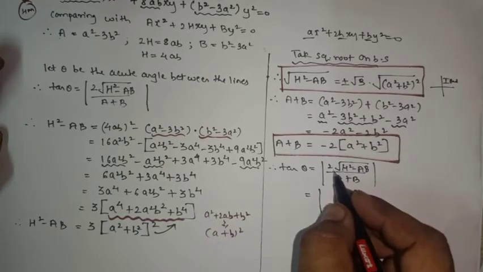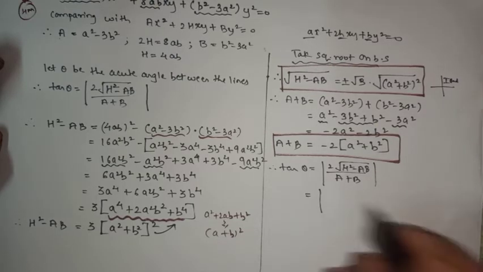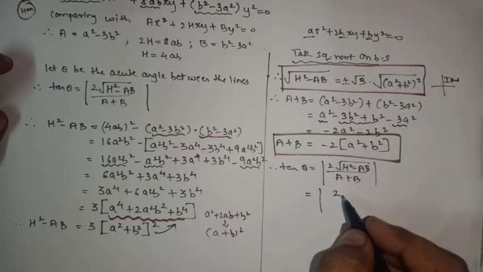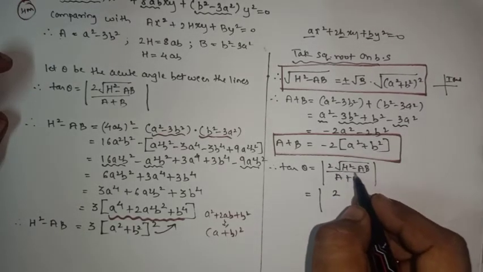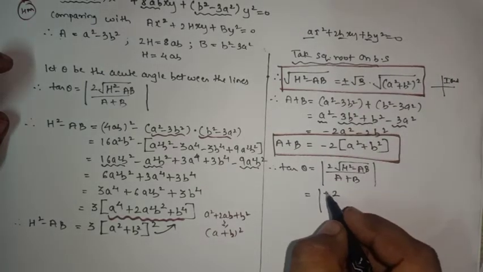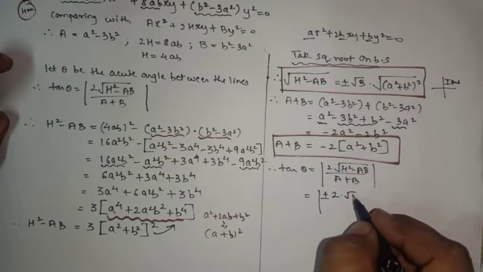So the next part will be: this 2 will be the same. And what is the answer for square root of h square minus ab? Here we got plus and minus, so that plus and minus we write in front, root 3. Yes or no?